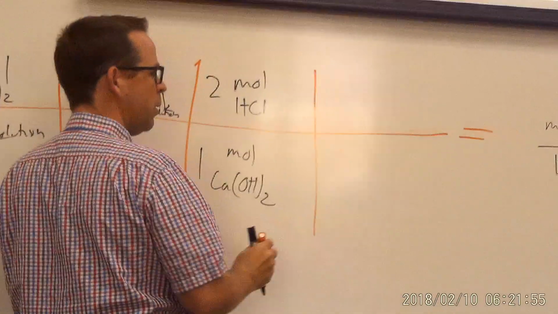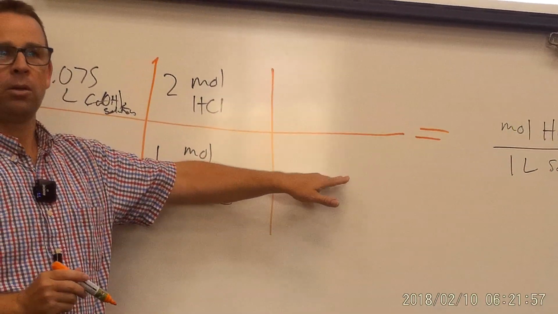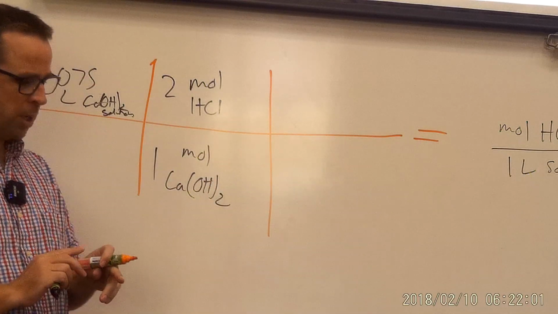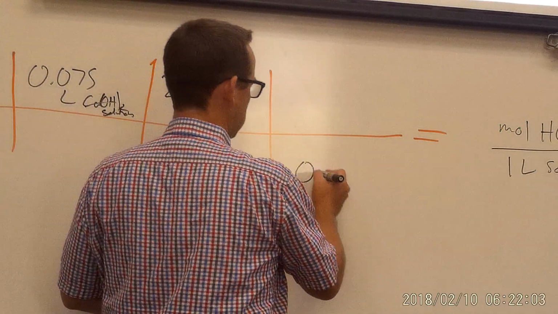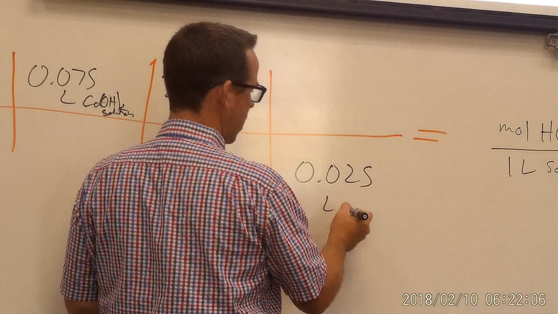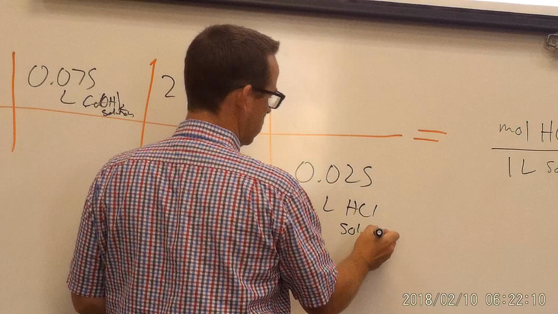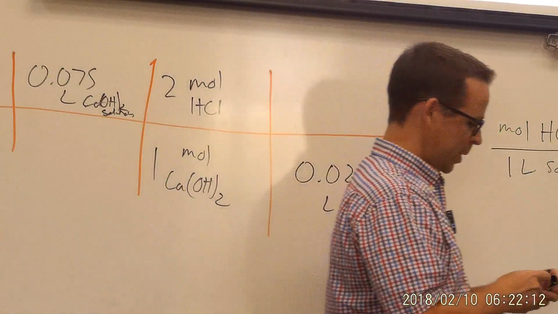I'm really close now. What do I got to get down here? Liters. How many liters of the HCl solution did we have? 0.25 liters of the HCl solution. Okay, that should be it.